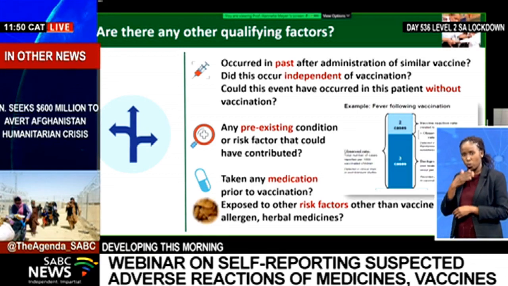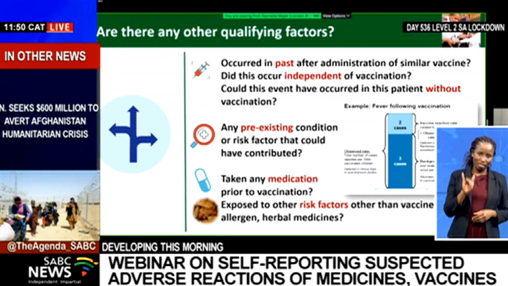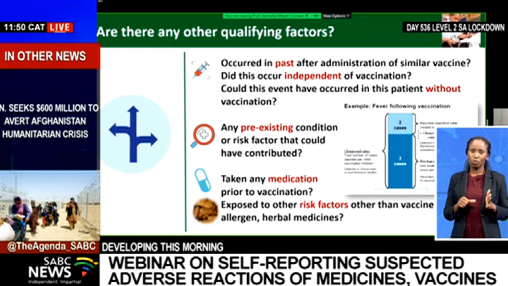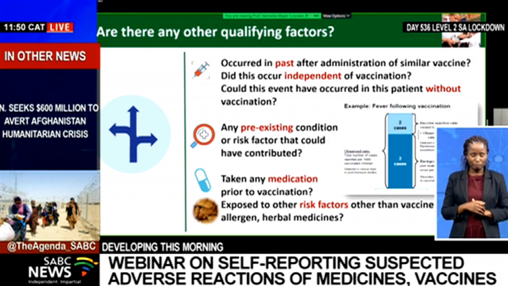And that also plays a very important role when you look at any deaths following vaccination. So you look at the data and you see whether there are any unusual patterns or spikes in this particular event amongst the vaccinated people compared to the unvaccinated people.